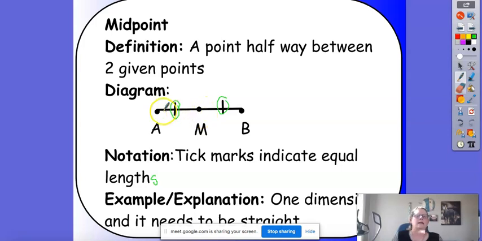So a midpoint is just a point halfway between two given points. And again, it's going to be on a line segment. It needs to be straight. There's not much to talk about on that one. But I like the little tick marks. You're going to see those a lot.